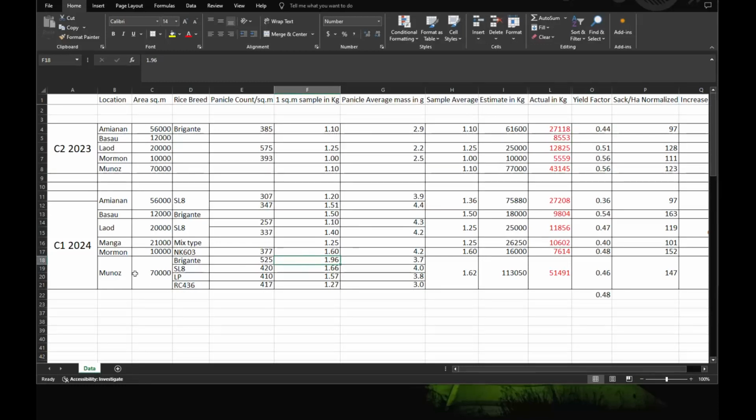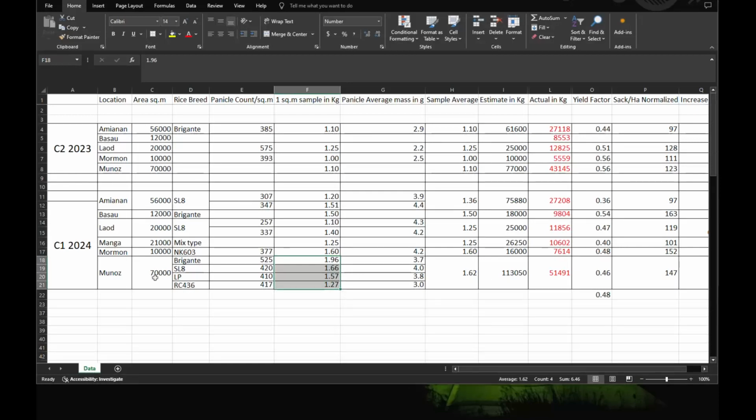In the area of Muñoz, because I had planted four varieties, Brigante, Asalate, Longping, and RC436, I have varying values, and I average them to be 1.62.